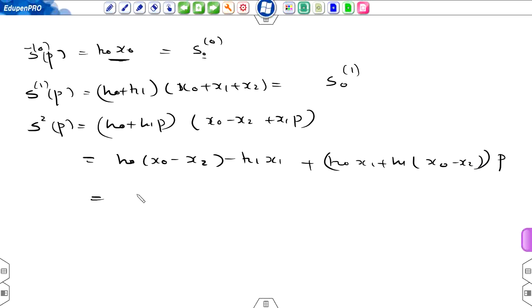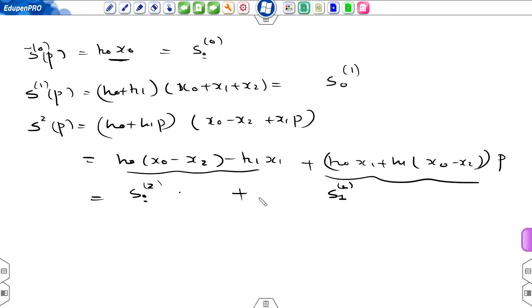So this can be written as s of 0, 2. It is not a function of p, so subscript is 0, this term, and this term can be written as, this is a function of p, so p is to power 1 and superscript is 2.